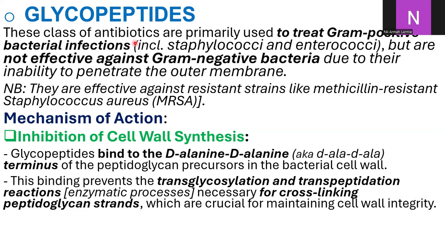So when we say cell wall synthesis inhibitors, we have two groups: the beta-lactam antibiotics that work by binding to the enzyme through the beta-lactam ring, and then we have the glycopeptides that work directly by binding to the D-alanine terminus of your peptidoglycan.